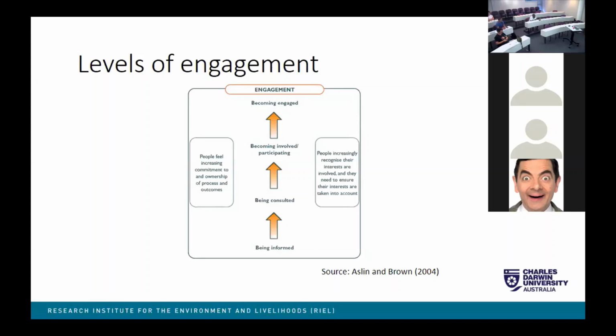And then as you move up, there's becoming involved and participating. So it's more active. People become more active in whatever your project is, as someone who wants people to engage with you around a science topic. They've put a note here: people feel increasing commitment to and ownership of processes and outcomes. Here you could say, oh, that's interesting, okay, and then get on with what you're doing.